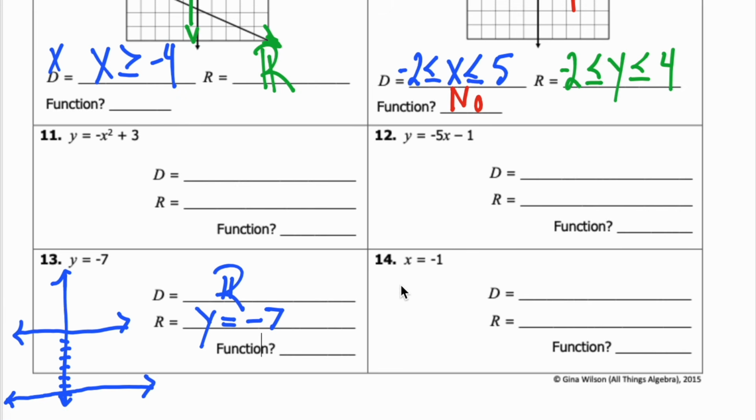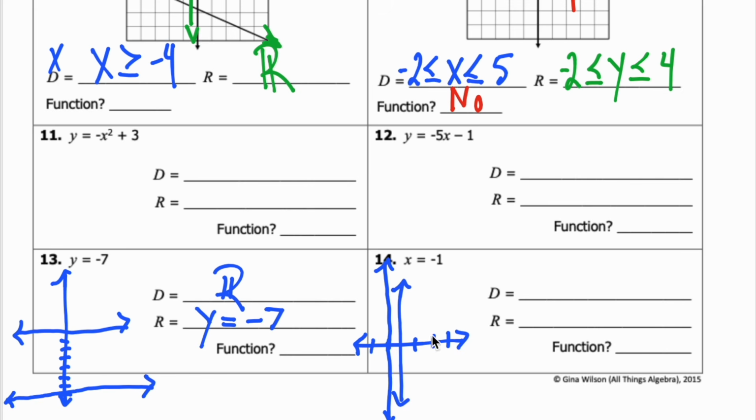Same thing here. If we look at number 14, I'm going to graph it as well, and they're asking us what is the domain. And this is going to be the other type of graph, right? Where we have an equation that equals just one value, where our x is -1. Meaning that our line is only going to be where x equals -1.